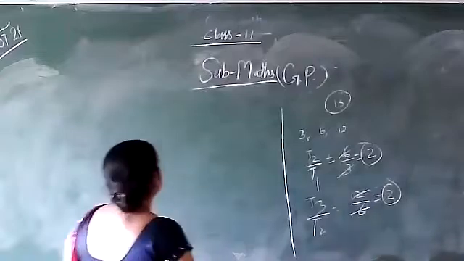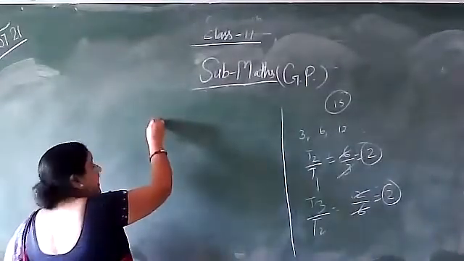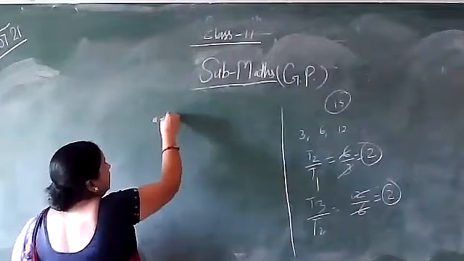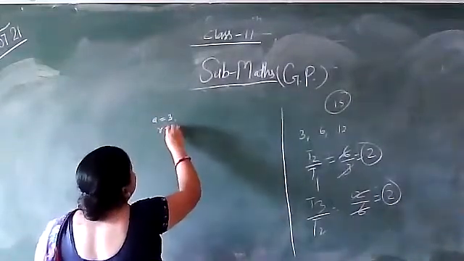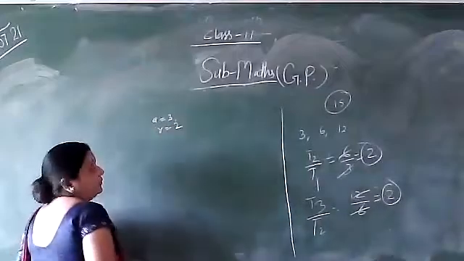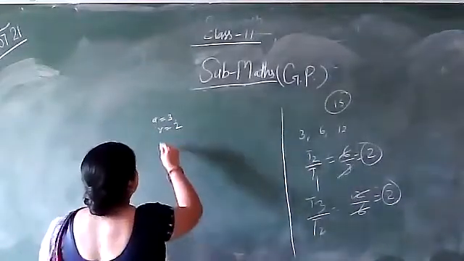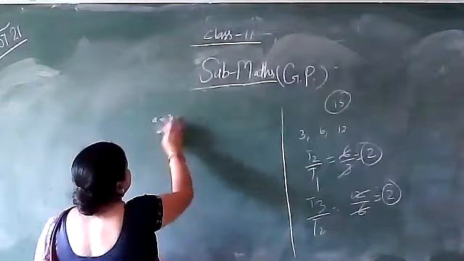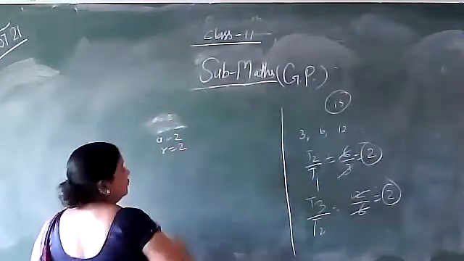Now, if any GP has A equal to 3, R equal to 2. Okay. A equal to 2, R equal to 2.